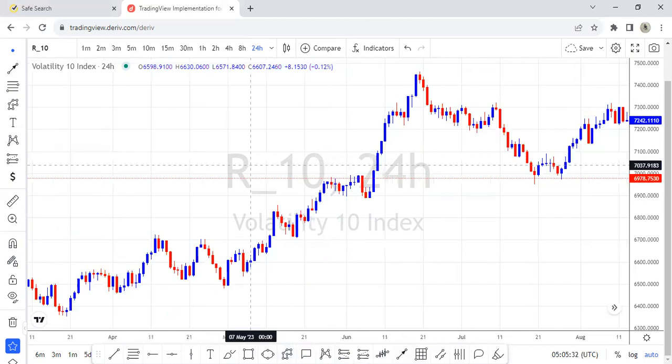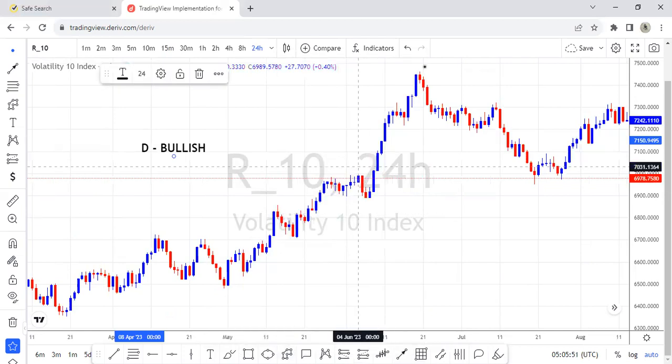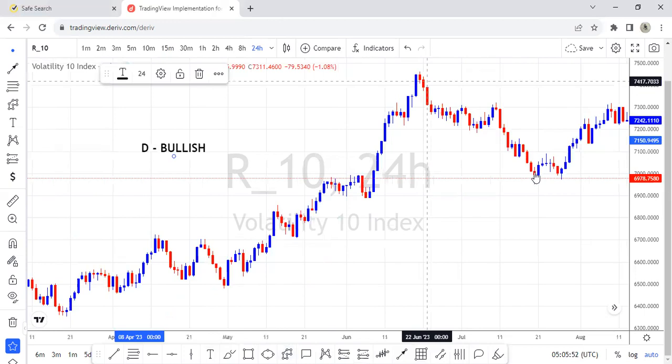All right, so now the market is bullish, right? So the daily is bullish. So you can type in that the daily is bullish. Right. So the daily is bullish. But if you look at this market, as the market was retracing down here, the market was still bullish, right?